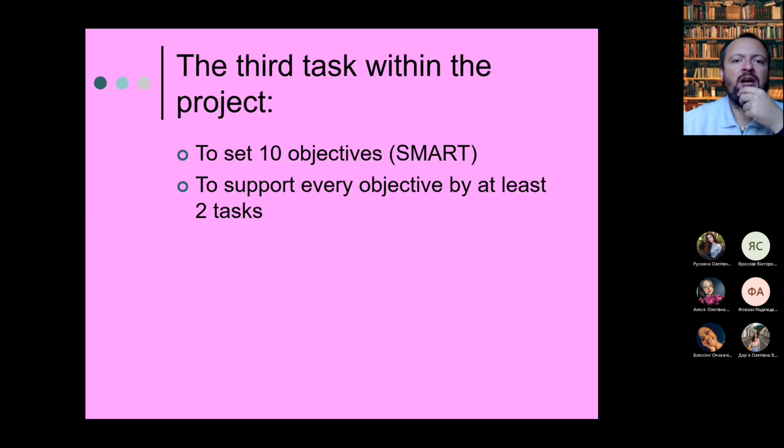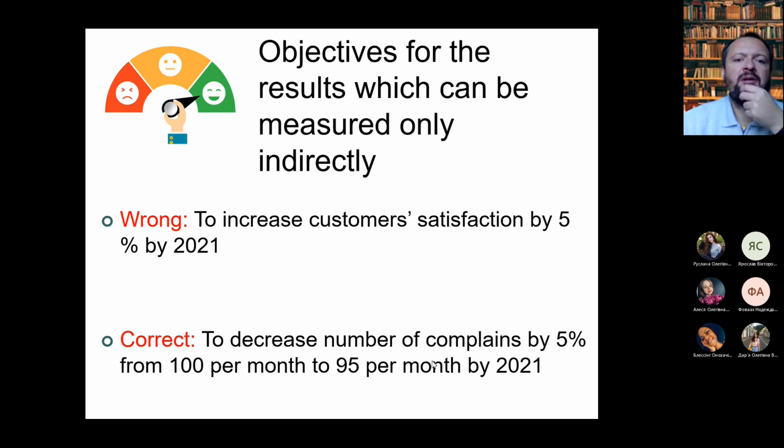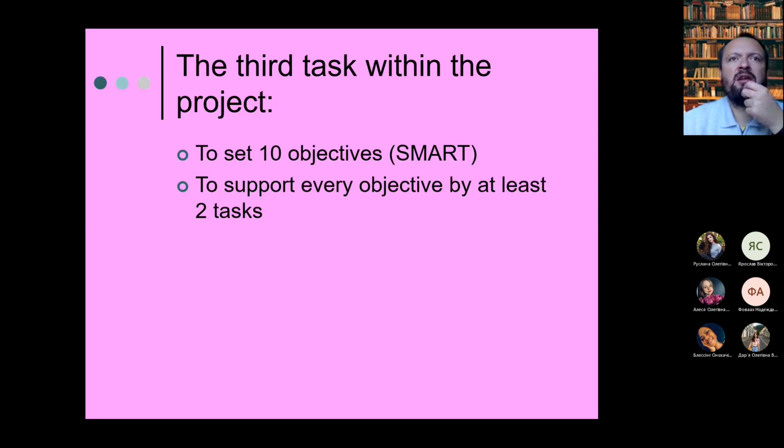And I'm stressing one more time that all the 10 objectives must be formulated in this form, and approximately 50% of the objectives must be connected with strategic performance, and approximately the other half must be connected with financial performance. The first half with strategic, the second half with financial performance.